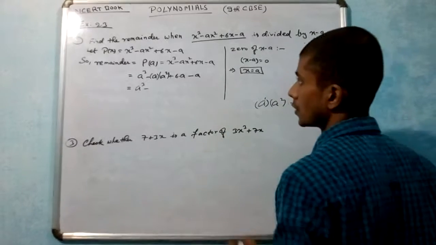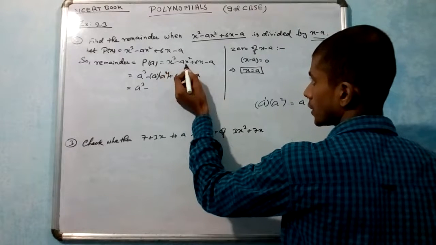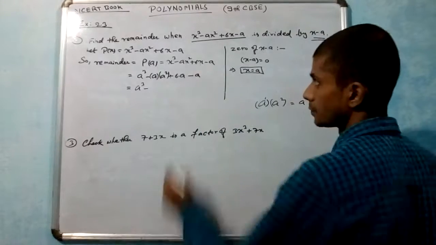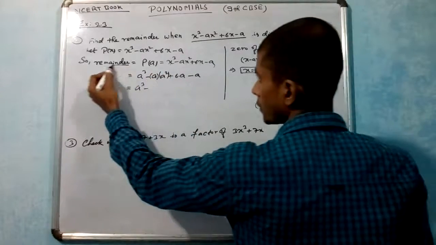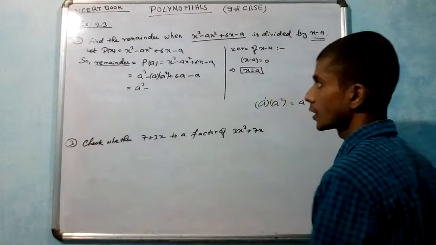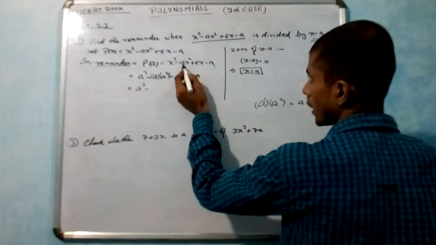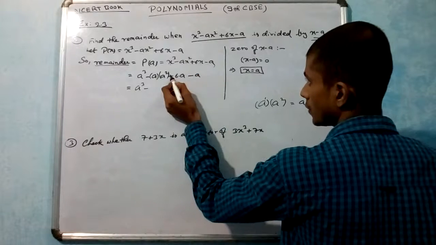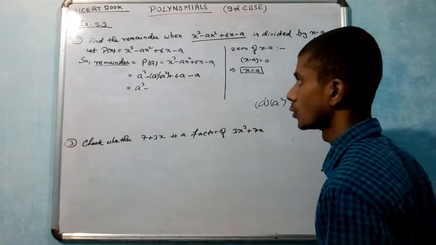See here, step by step, don't go ahead. x cube minus a x square plus 6x minus a. Now we have to substitute a in place of x and find its value. That will be the remainder. So a cube minus a into a square plus 6 into a minus a. So a cube as it is I wrote.